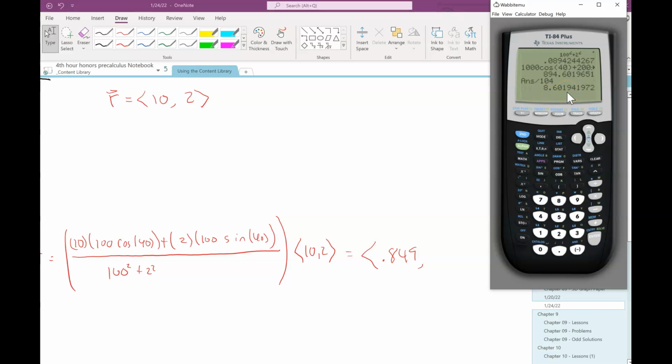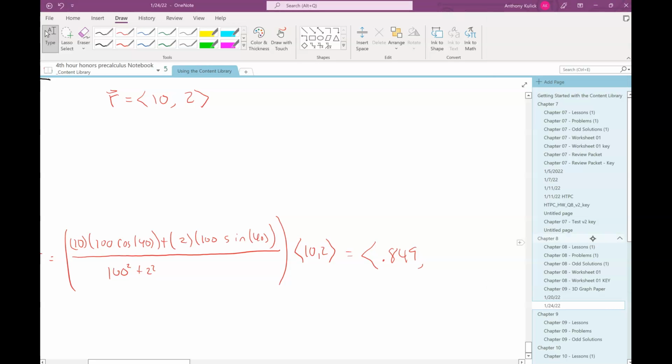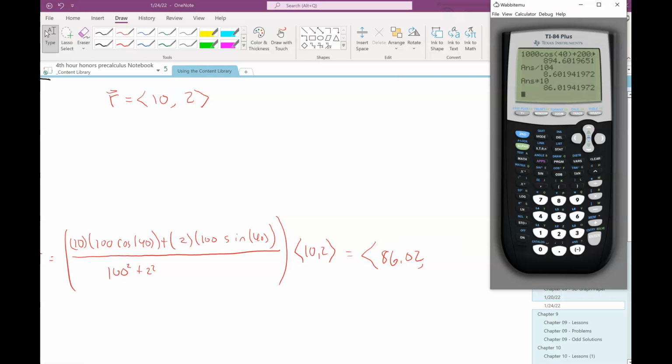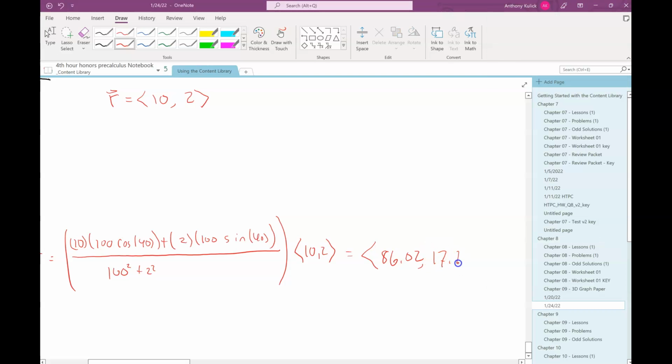I don't understand my order of operations problem on the previous one, but there we go. 8.602. That's better. And then 1.720.